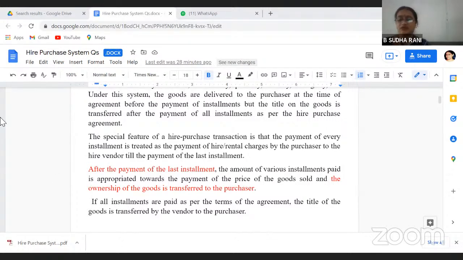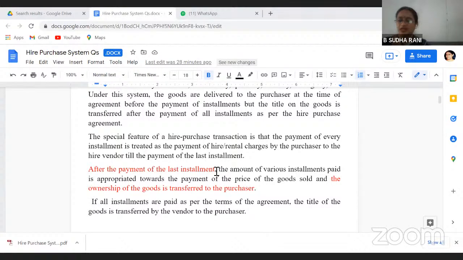Now they are not called an installment. It's like a rental charge. That is the special feature of the hire purchase system. It's treated as a rent till the last payment of the installment.